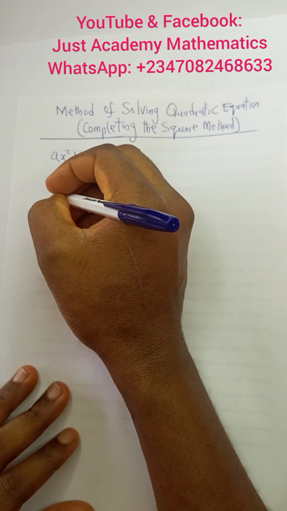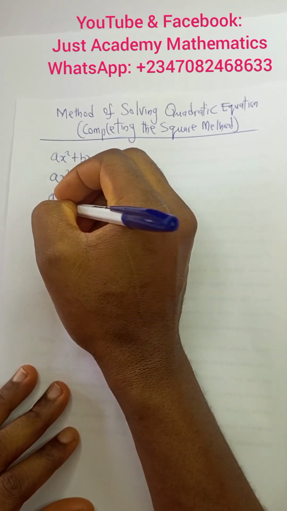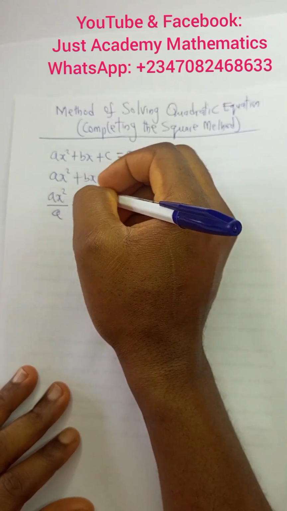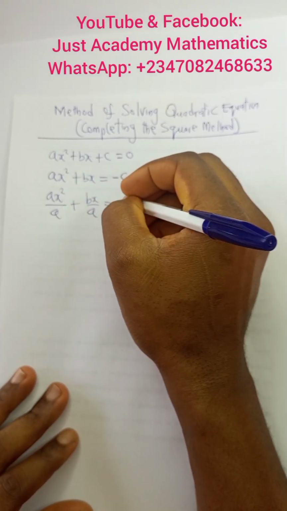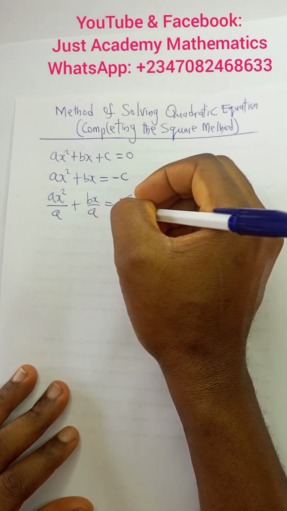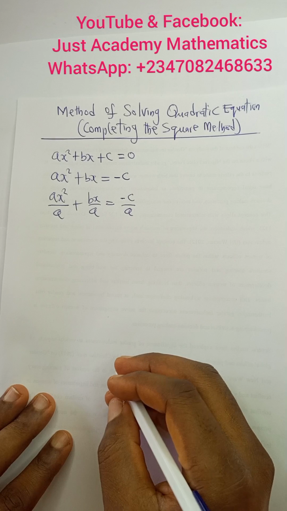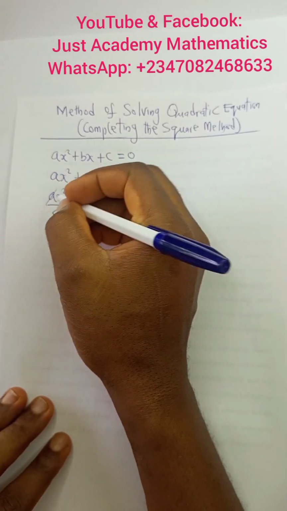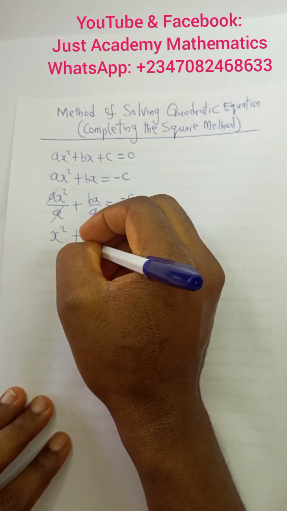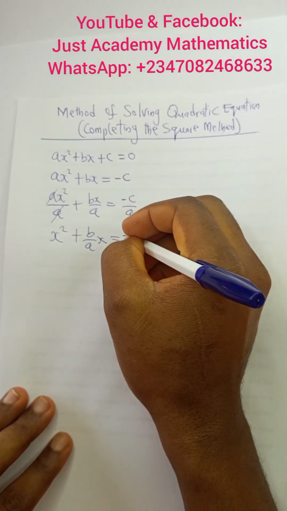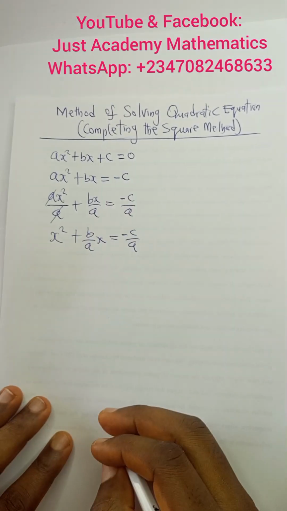So we have ax squared over a plus bx over a is equals to minus c over a. With that done, this will cancel this. So we have x squared plus b over a x is equals to minus c over a.